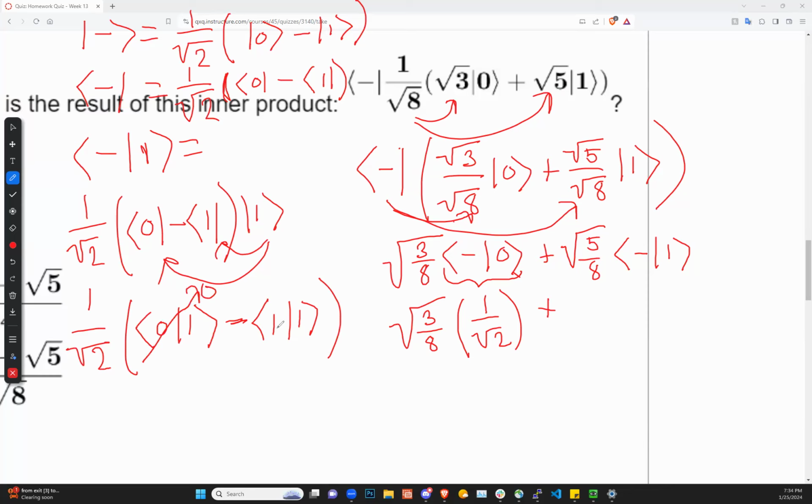The inner product between the 1 state and the 1 state is 1. So we get 1 over the square root of 2 times minus 1, or negative 1 over the square root of 2. So that is what we can plug in here. And we get square root of 5 over 8 times negative 1 over the square root of 2.